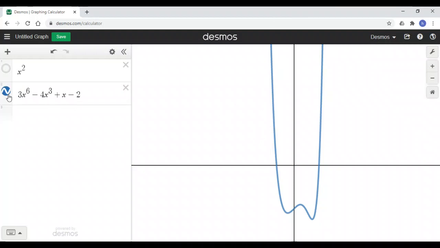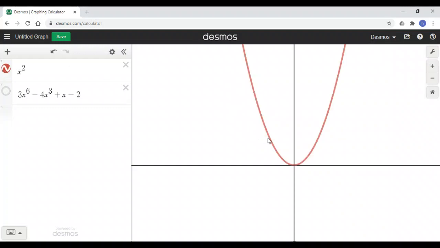Of course, I'm not saying that these two are the same graph, but the x squared graph has similar end behaviors. Left end going up, right end also going up, regardless of whatever fancy thing is going on in the middle. The blue version here has some fancy up and down in the middle part, but in the end, the left end and right end are doing a similar thing to the red curve right there.